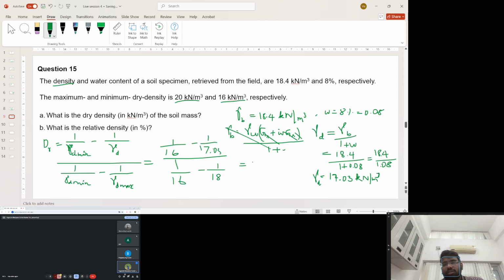You will get approximately 30%, or exactly 30.24 percent. Then round it up to 30%. Any doubts?